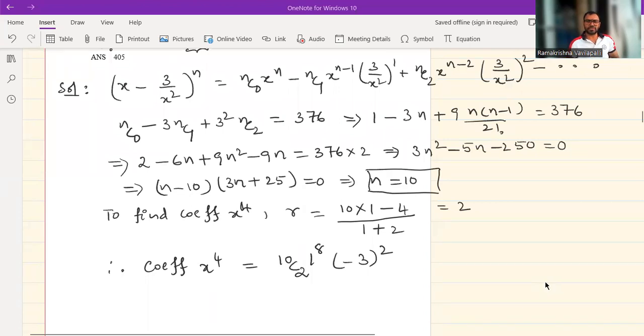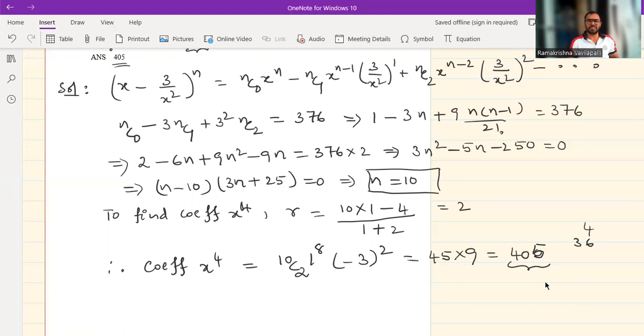On simplification, this is equal to 10C2 which is 45, into 9, which is 405. So the coefficient of x^4 in this expansion is 405.